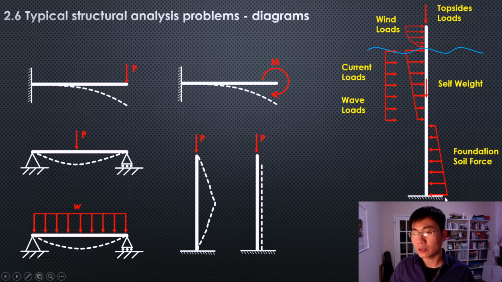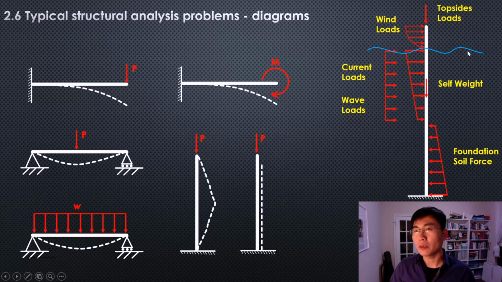So the force from the mud will create a fixed boundary condition. It won't move anywhere. But on the top, when the platform is in the air with the water, there's really nothing stopping it from doing a lateral move or rotation move. So it's almost like a free boundary condition at the top.